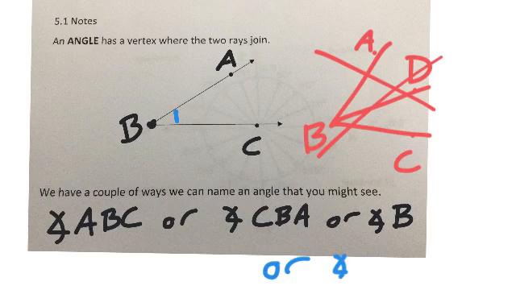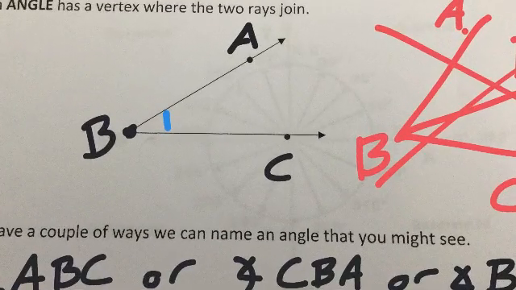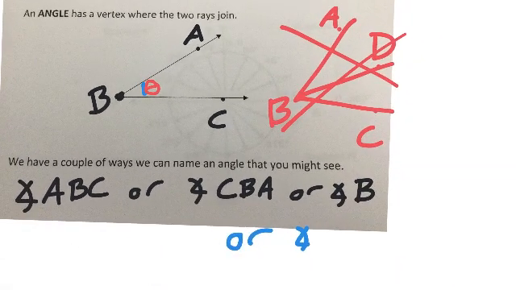Let me zoom in. I don't need my first theta that I draw to be ugly looking. It's like a circle with a line through it. So again, that's going to be very common. So we could also name it angle theta.